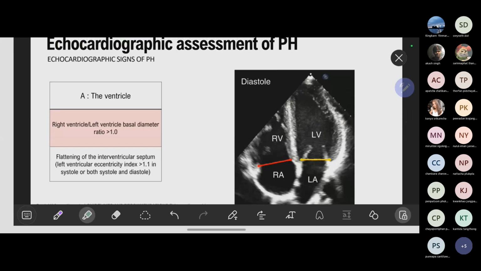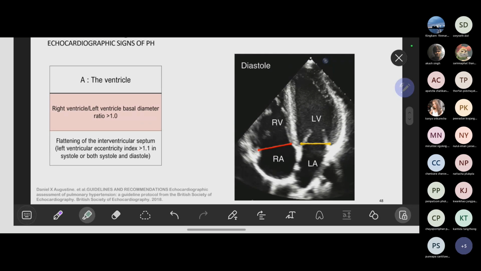The category of ventricle is assessment of RV and LV adaptation in response to pulmonary hypertension. The first one is the ratio of RV and LV basal diameter.